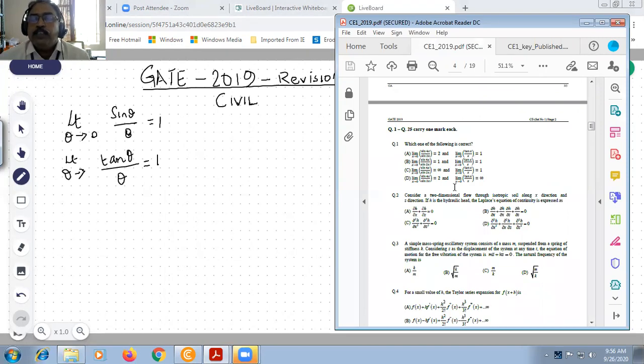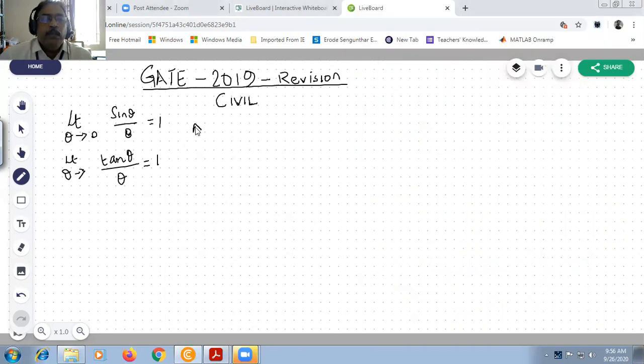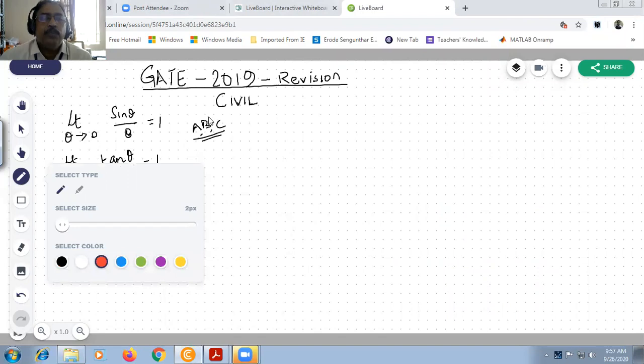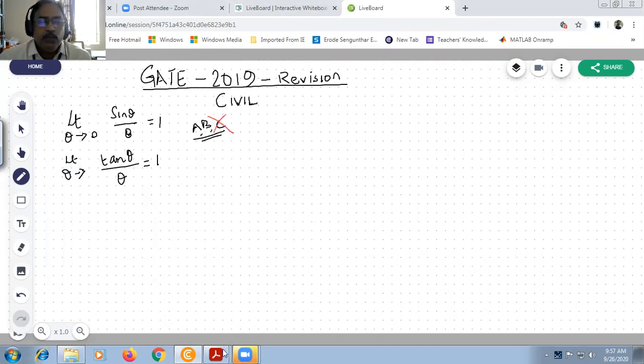So this part holds for 3 options, A, B and C, and one of A, B, C is going to be the answer. Point number 2: sin 4x by sin 2x as x tends to 0 cannot be infinity. So the answer C is ruled out.